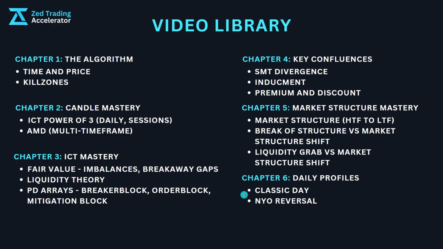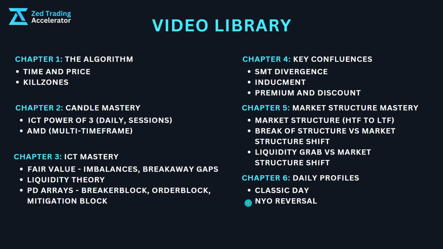This is the daily profile where the London kill zone creates the low of the day, and the New York kill zone will form a retracement into the London kill zone and continue going higher.